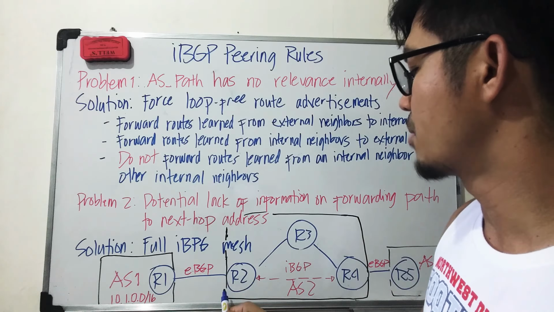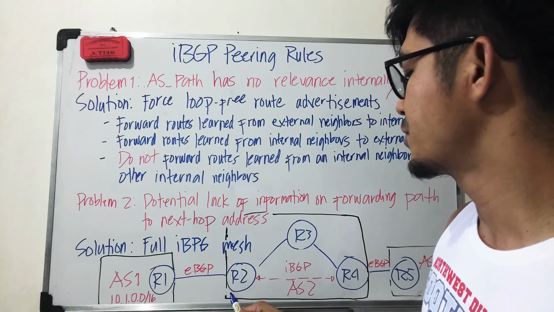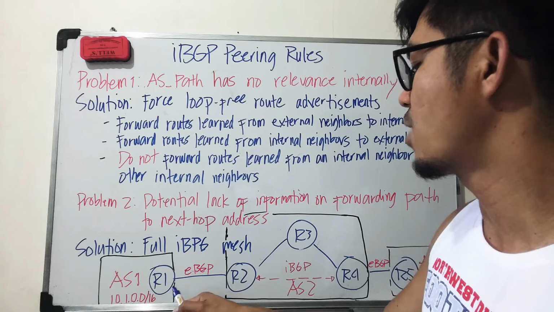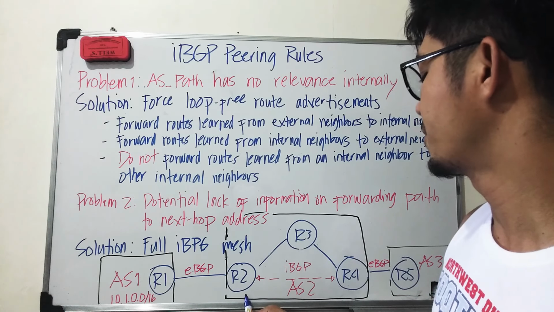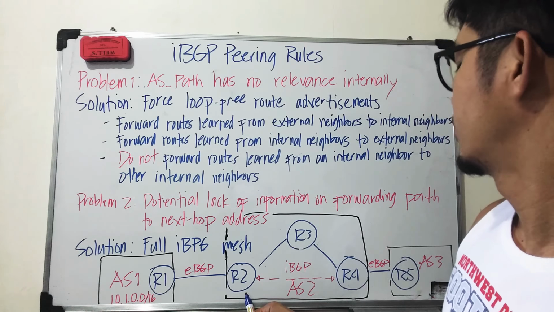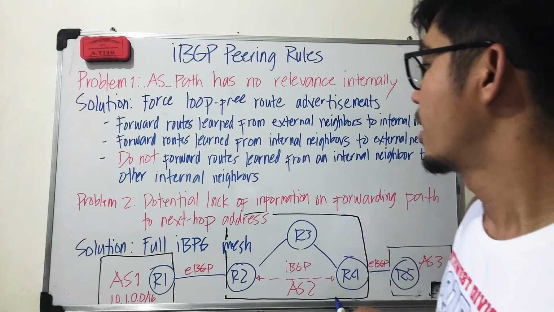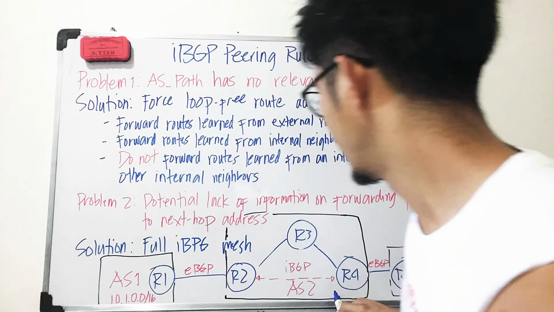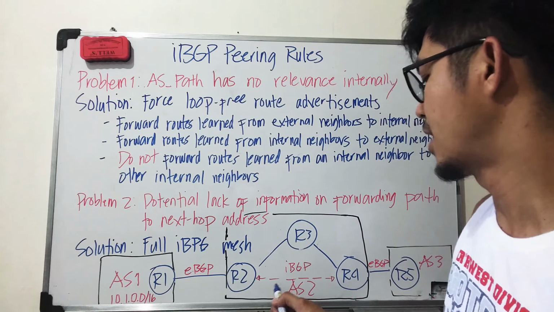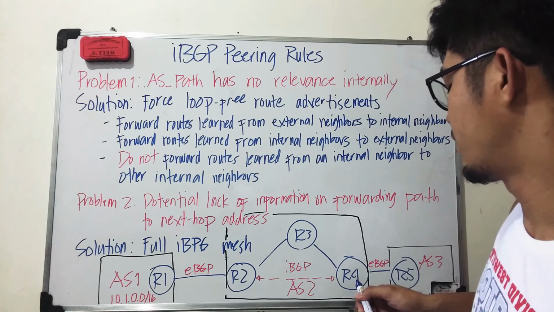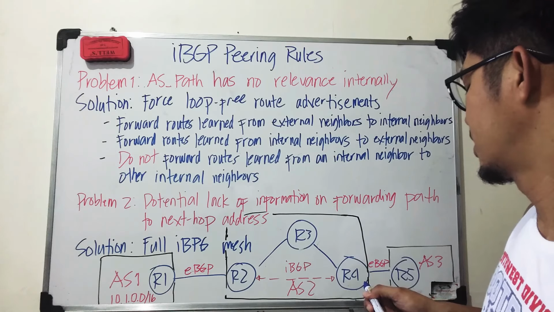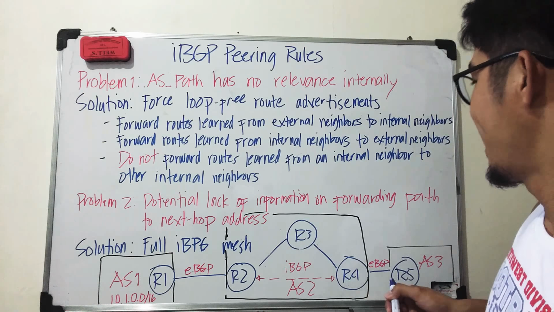So in this example, R2 receives routes from R1, and R4 receives routes from R2, and R4 can forward that route to external neighbors.